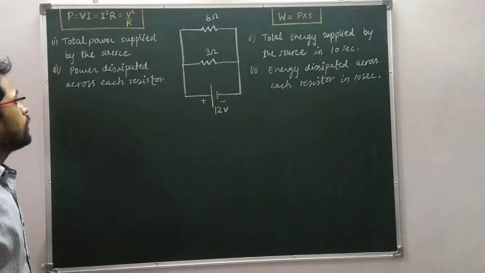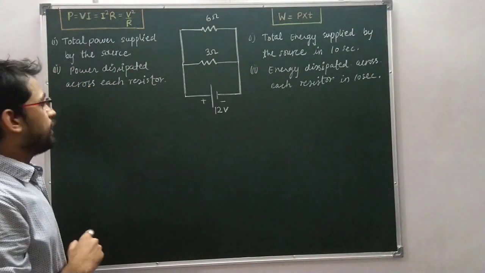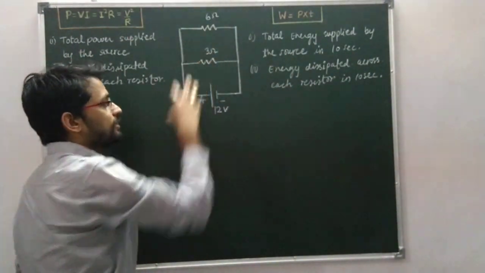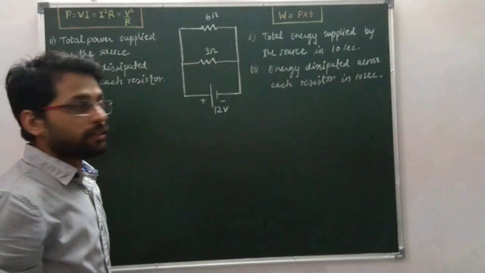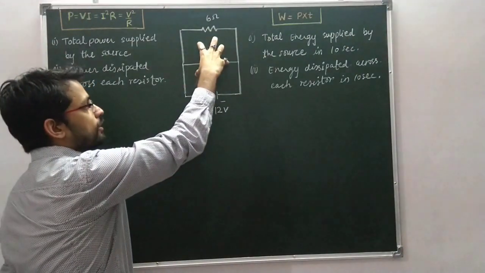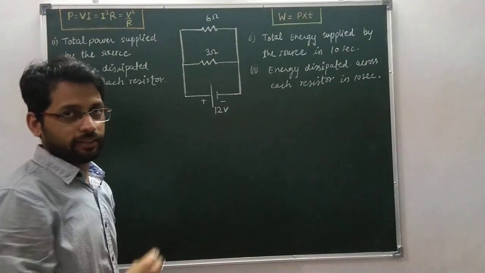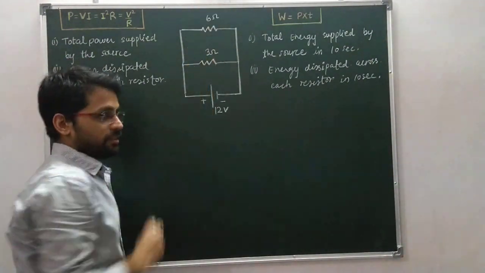Second question is, what is the power dissipated across each resistor? So there are two resistors in the circuit, and I'm going to calculate the power dissipated or power delivered to these resistors.